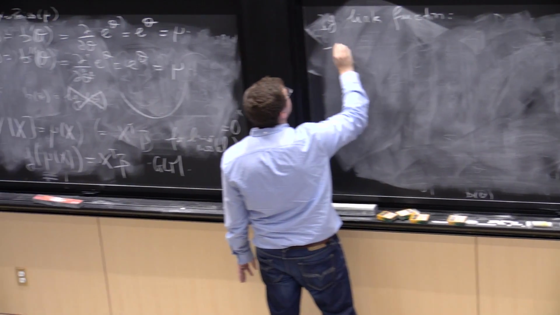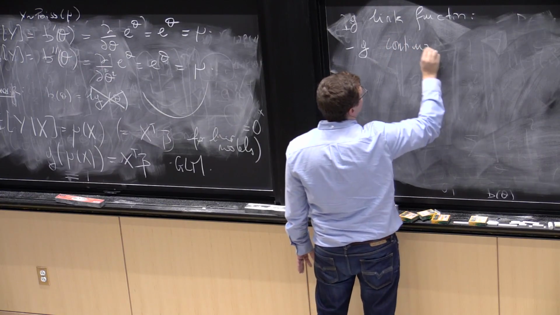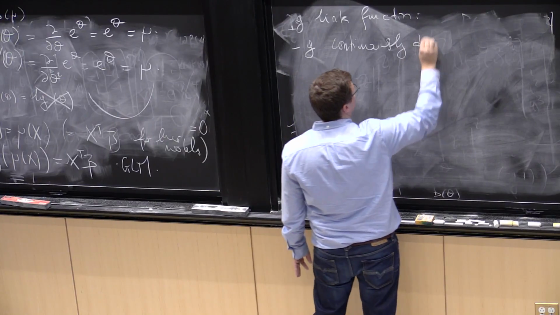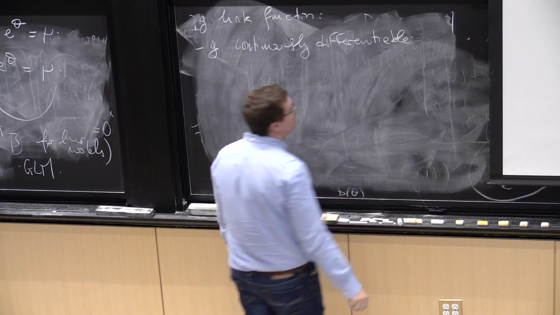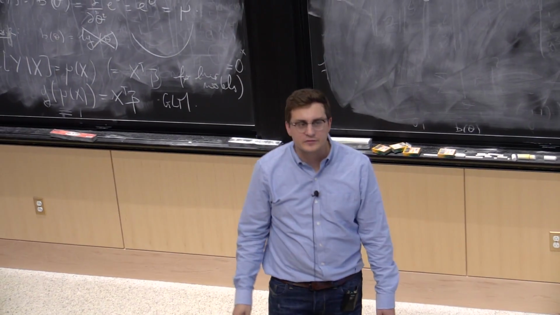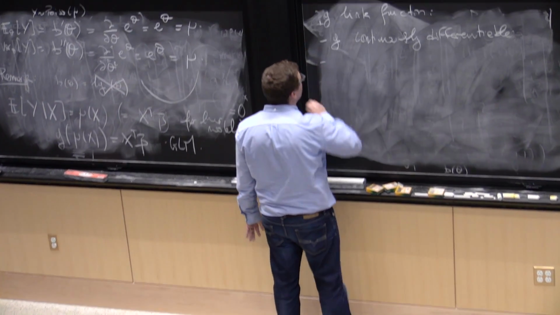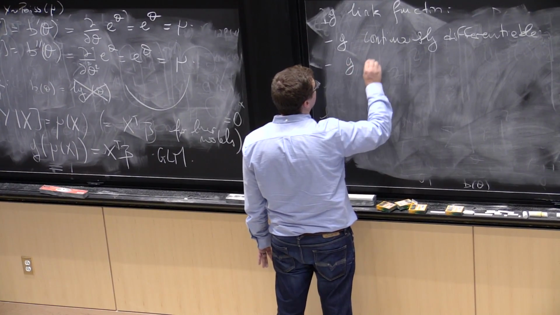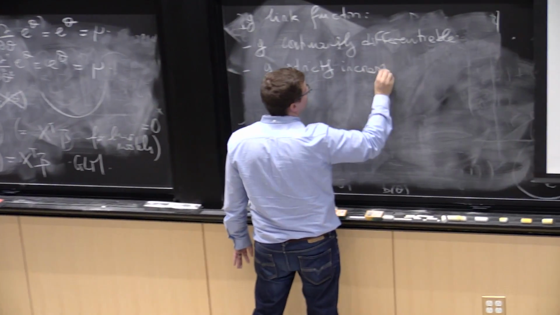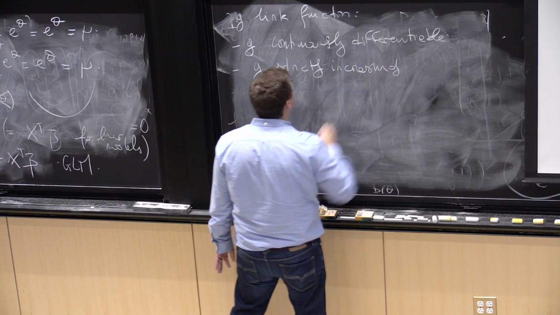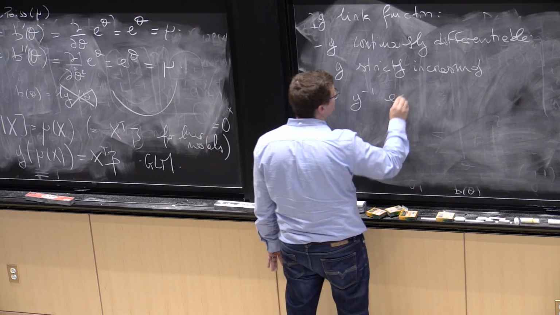And I'm going to want g to be continuously differentiable. Let's say that it has a derivative, and its derivative is continuous, and I'm going to want g to be strictly increasing. And that actually implies that g inverse exists.